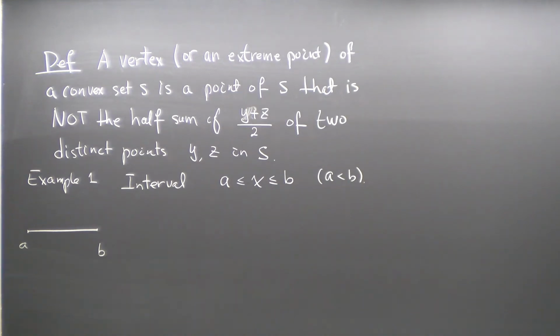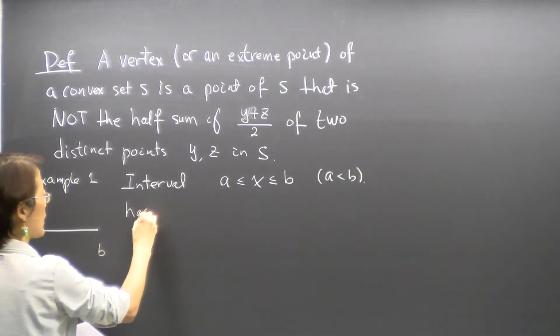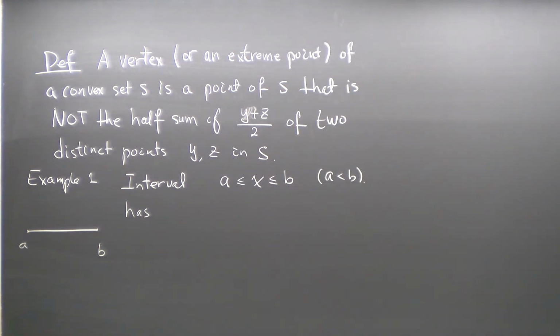Intuitively looking at it, can you find any vertex? Do we see any point that is a vertex? Does it have some kind of a corner? So how many vertices will we find for this?